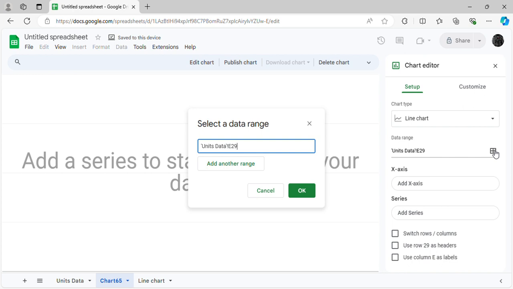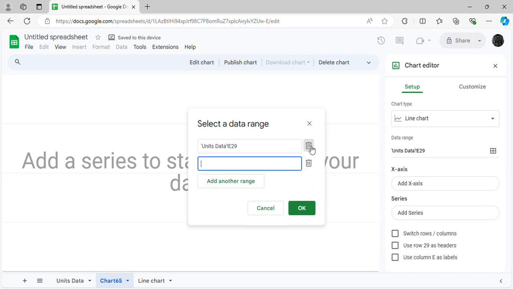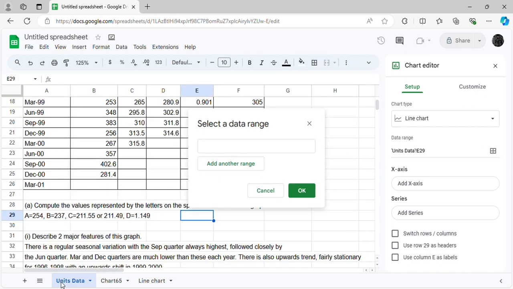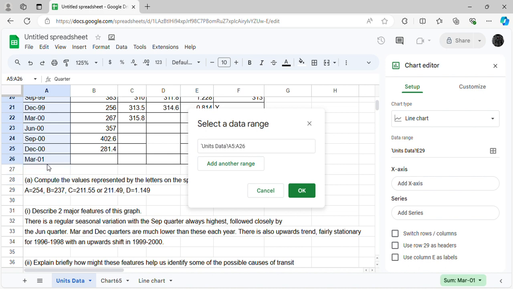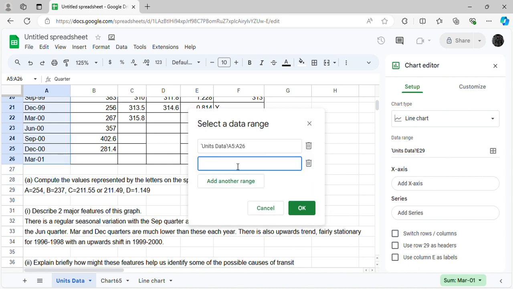For the data range, let's select the quarter and let's add another range.